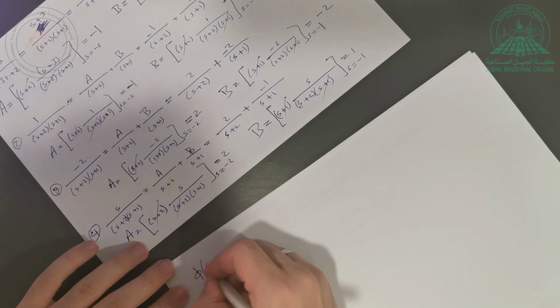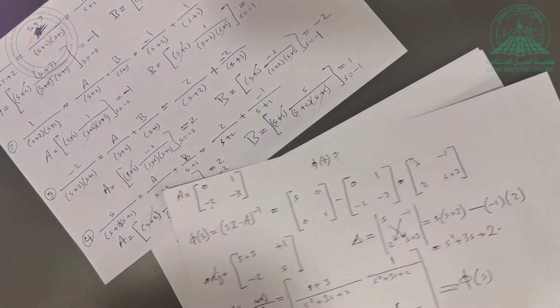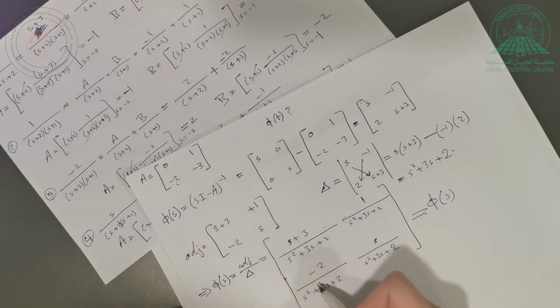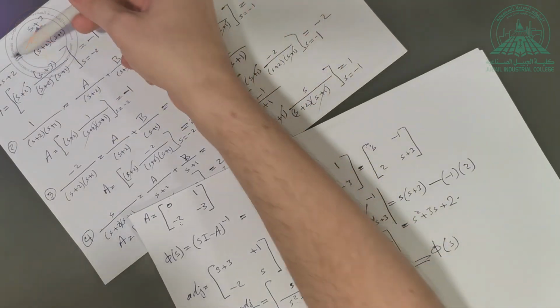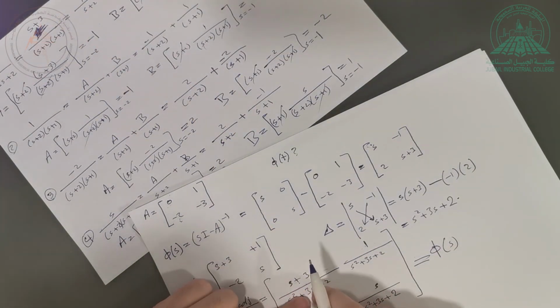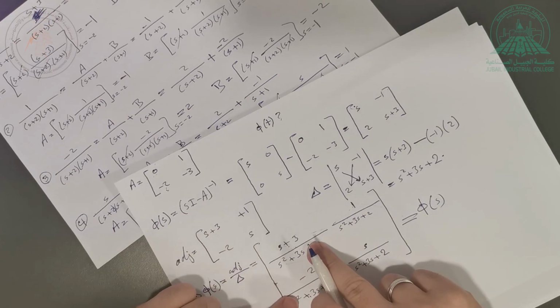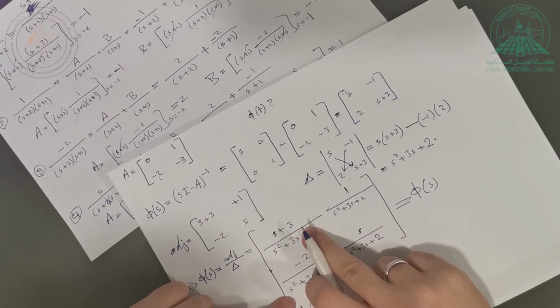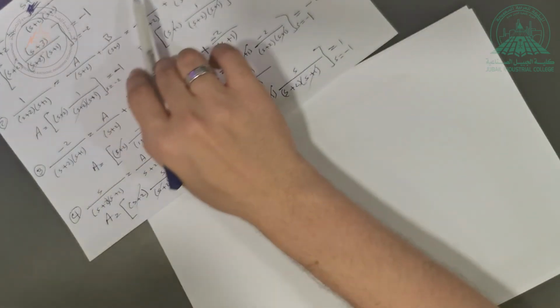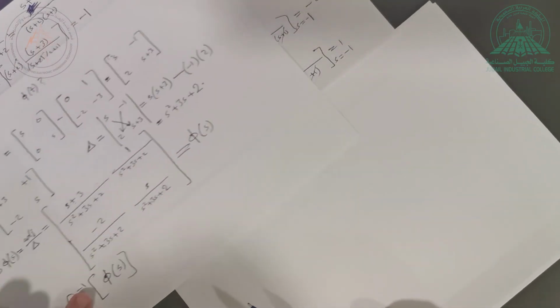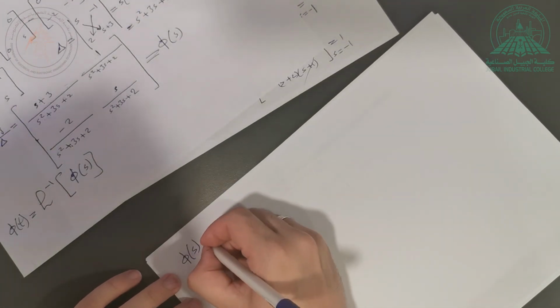By saying that, instead of writing them in this form, I will write the decomposed form of each one of them. So here, instead of writing this, I will write this. Actually, let me write it so that we don't forget.